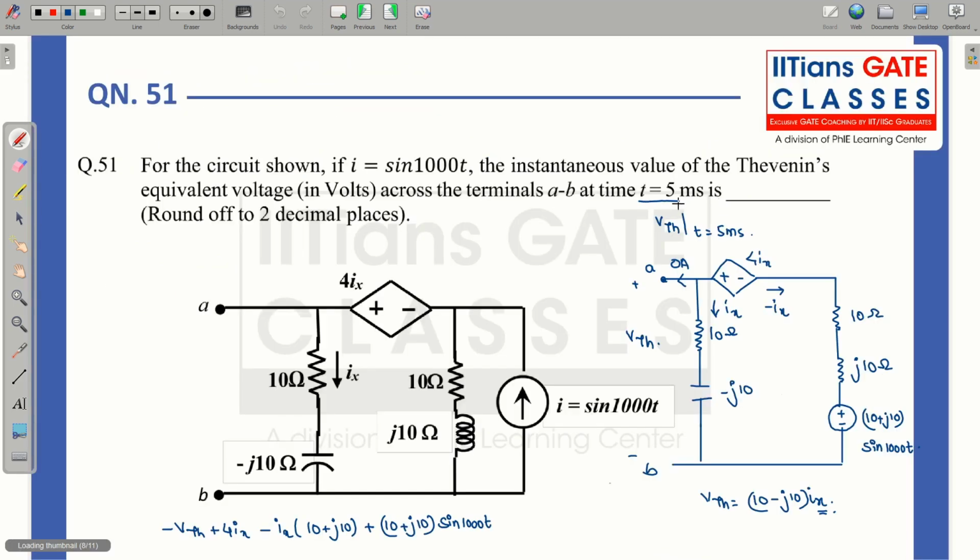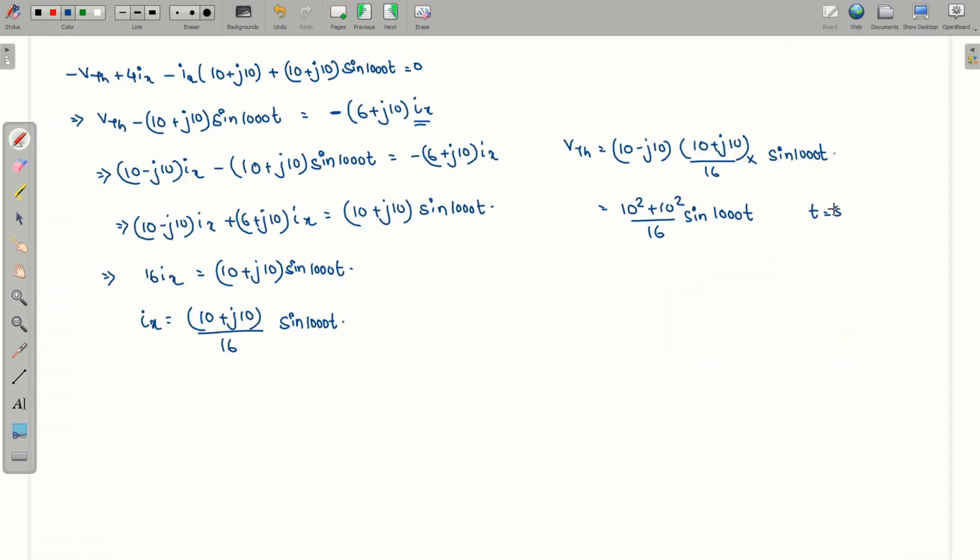Now t is given as 5 milliseconds. Remember, this will be a radian quantity. So 10 square means 100, 200 by 16 sine of 1000 into 5 into 10 to the power minus 3. So this is 200 by 16 sine 5.